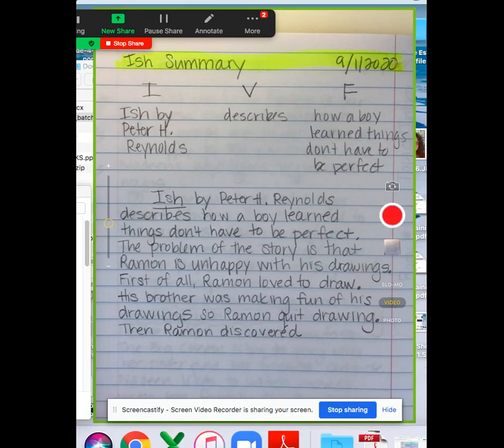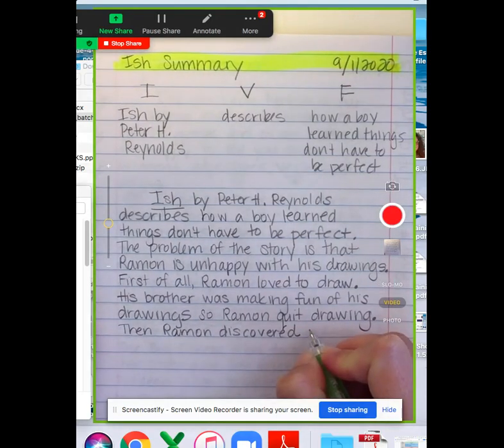Mason, what did Ramon discover? What was the third event on our story map? He discovered that his sister was taking his drawings, and she really liked them.